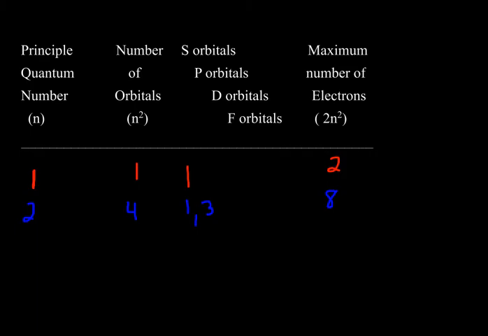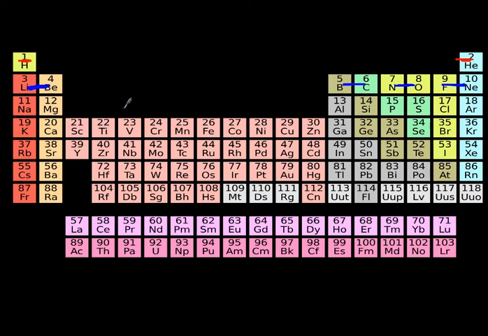Okay, moving on to row 3, quantum number 3 of the periodic table. According to this formula, we should have 9 orbitals available. So there's 1 orbital here. It's 1, 2, 3, 4. Well, shoot, we only have 4 here. We have to get to 9. So you have to remember that the D block starts with row 3. So you have to count these ones too.